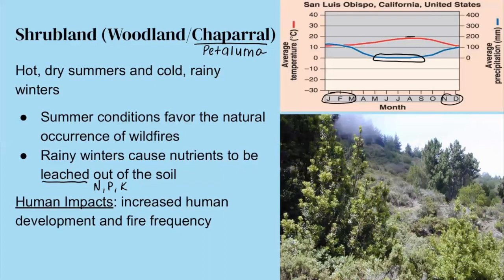So we see a lot of human development. We also see more fires because we've got more human things that can cause fires, whether it's dropping something flammable or dropping something on fire out in nature, or you've got these above ground electrical lines that spark sometimes. Those can cause fires as well, which is what we've been seeing recently around here.